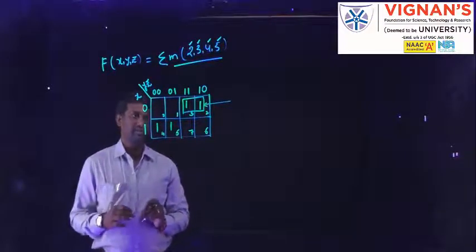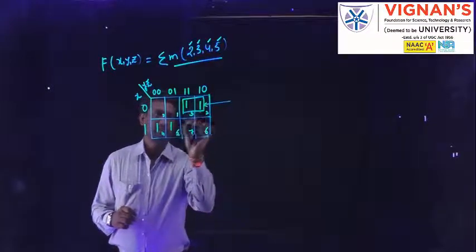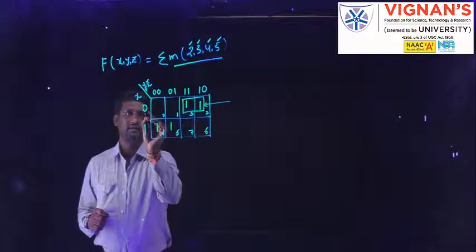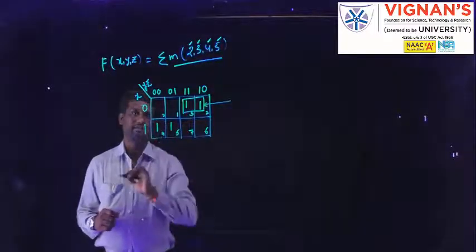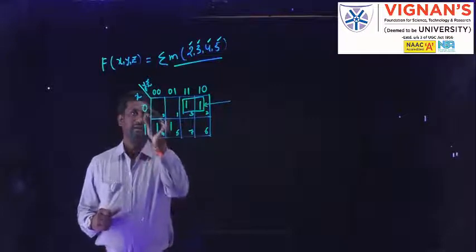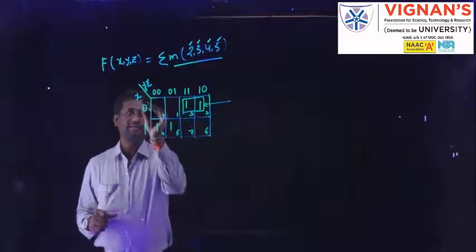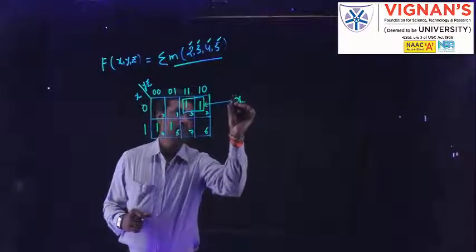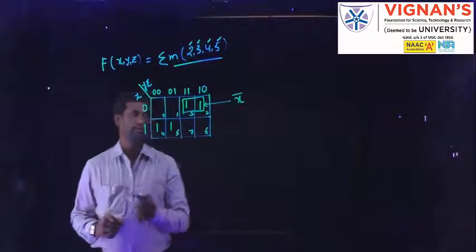If you observe, these 2 cells' common column variable is 0, that means x. X is a common column variable, but the column value for that x is 0. That's why x bar, its complement, has to be used.